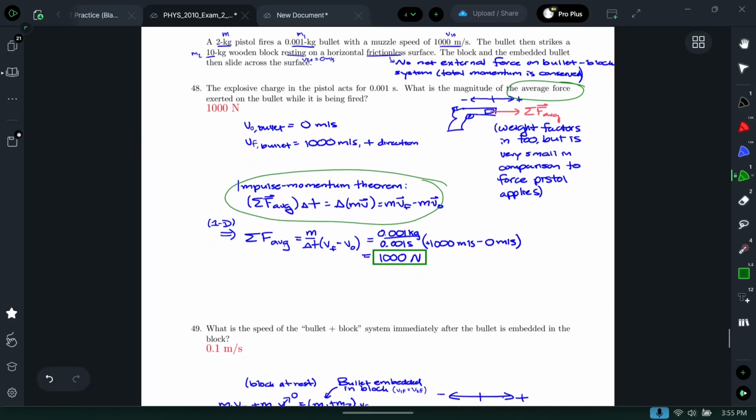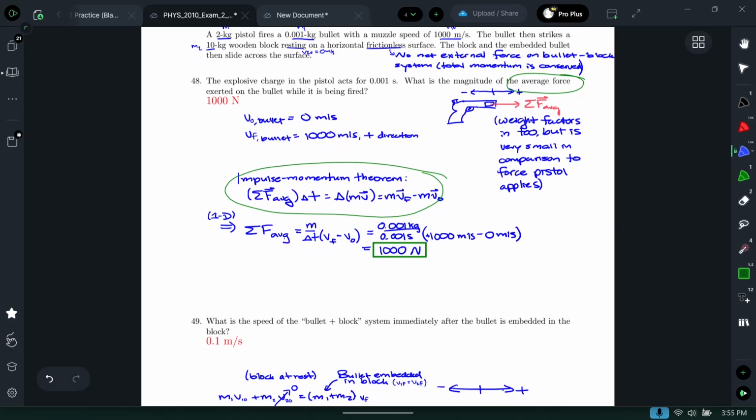Or even if you forget that, if you just remember, actually, that's just Newton's second law. So let me just show that as a reminder. We got this expression from Newton's second law. And so if I divide both sides by that delta t, I'll factor out mass, v final minus initial over delta t.